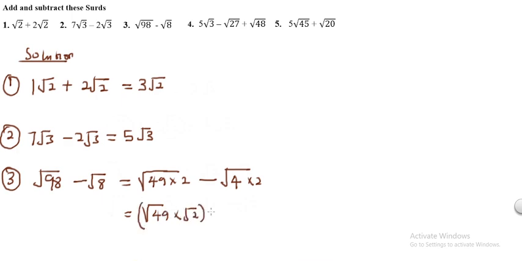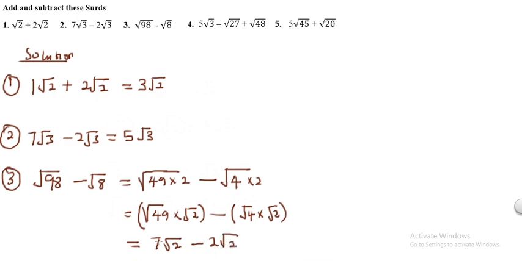Now bracket this so that we don't confuse it with this part. This will be minus, and we bracket this as well. So we have root 4 times root 2. From here, root 49 is 7, root 2 is still there, minus root 4 is 2, root 2 is still there.